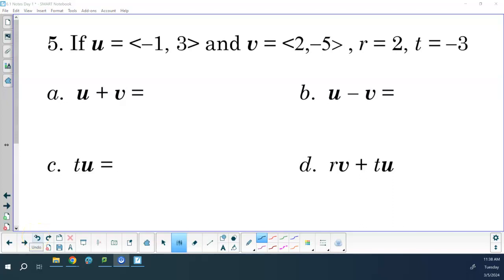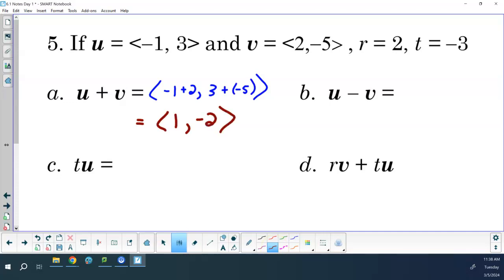All right, so U plus V is going to be -1 plus 2 and 3 plus -5. So that means that U plus V is going to be 1, -2. Agree?